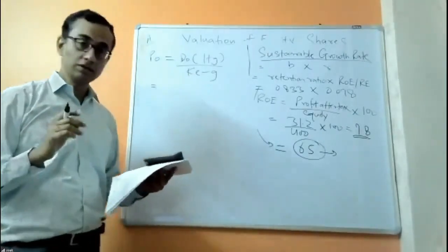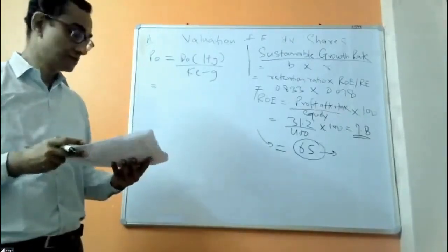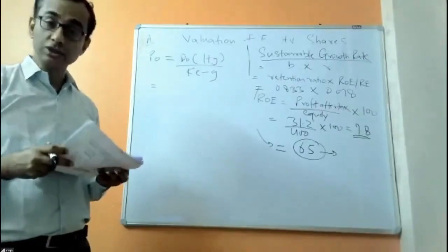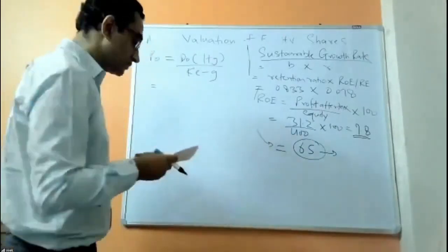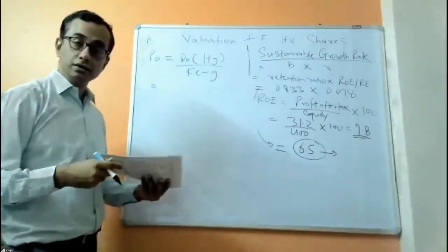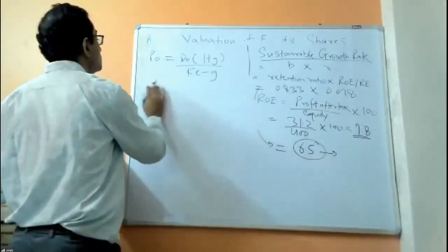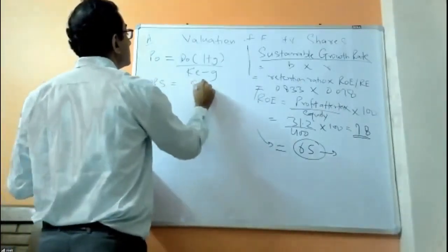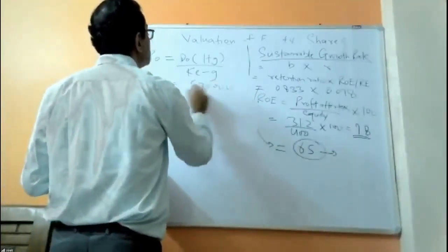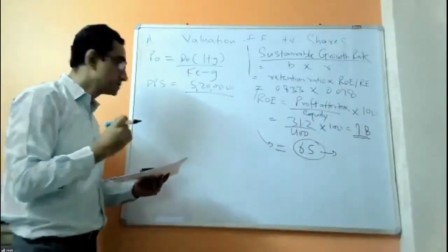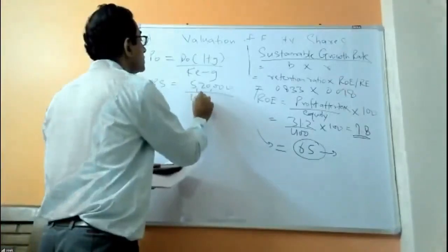If you notice, the dividend per share is not given, because the total dividend amount is given in the income statement. The total dividend is 5,20,000. You have to divide the 5,20,000 by the number of equity shares.